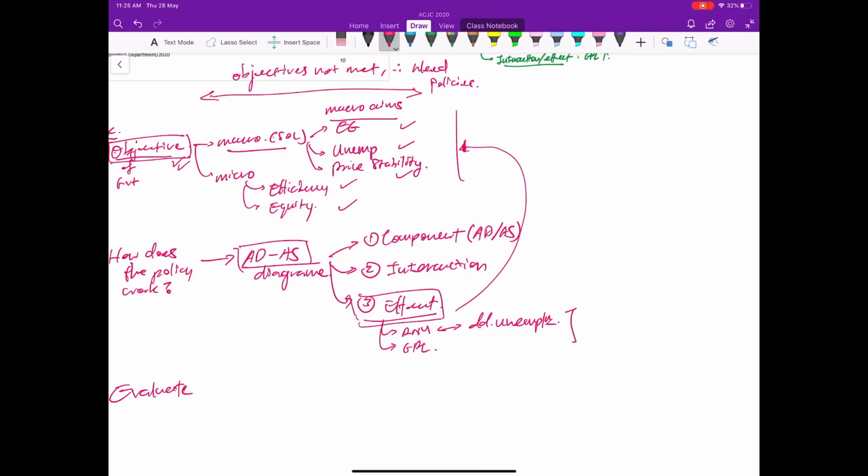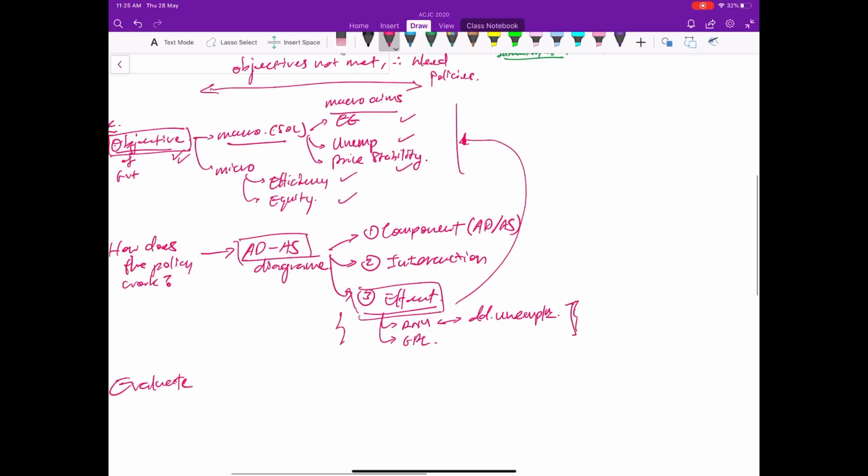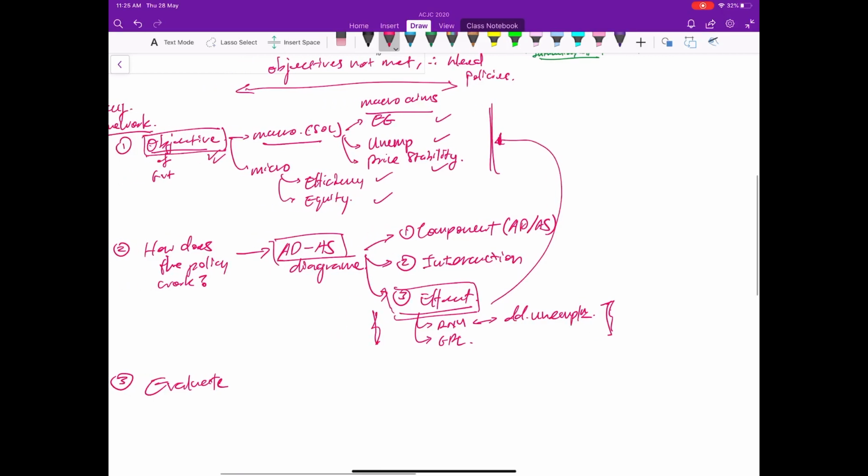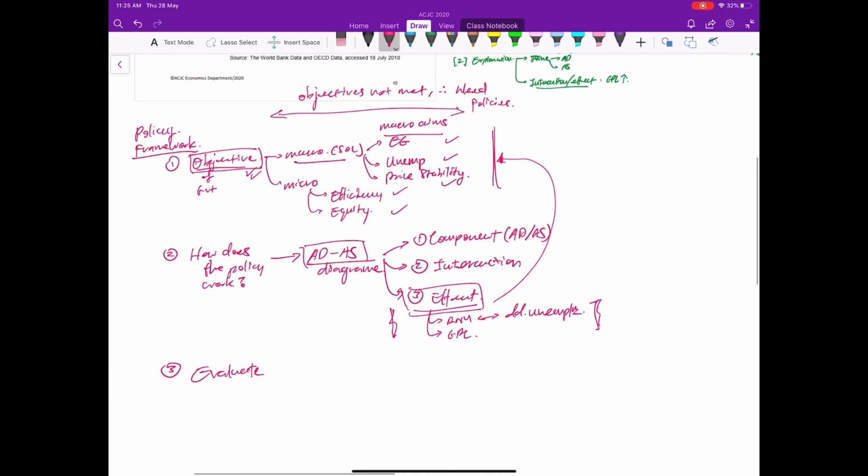So take note, these should sound very familiar. These are really your macro aims, right? Back here, the objective. So some students get lost when they write because they don't know how to link whatever they are doing, how the policy works, to the objective, the effect.